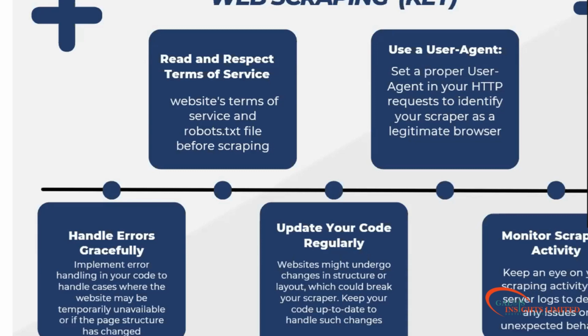Of course you may meet an error or something like that, so you have to read and respect the terms of service. If you don't pay attention to this, you may end up having some errors. You have to check when there is a break in your code, when it is not running anymore. So you also have to monitor the scraping activities.